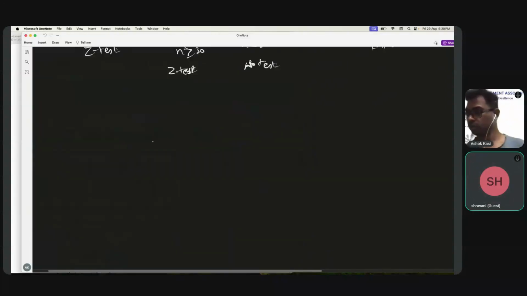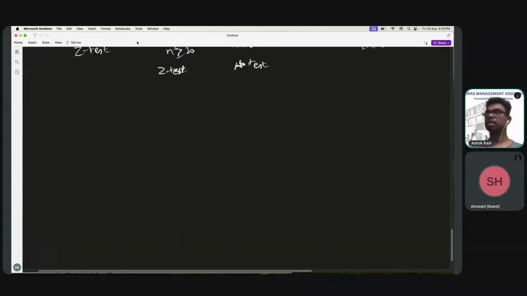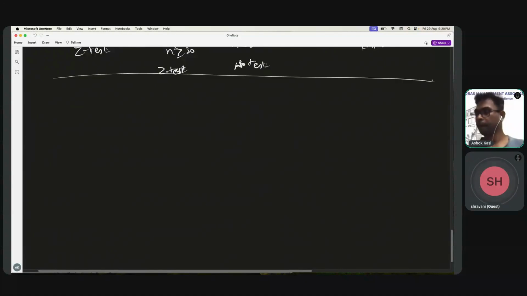So now hypothesis testing. Let's understand the characteristics of hypothesis testing. In hypothesis testing, there can be 4 outputs. First of all, what is decision rule?